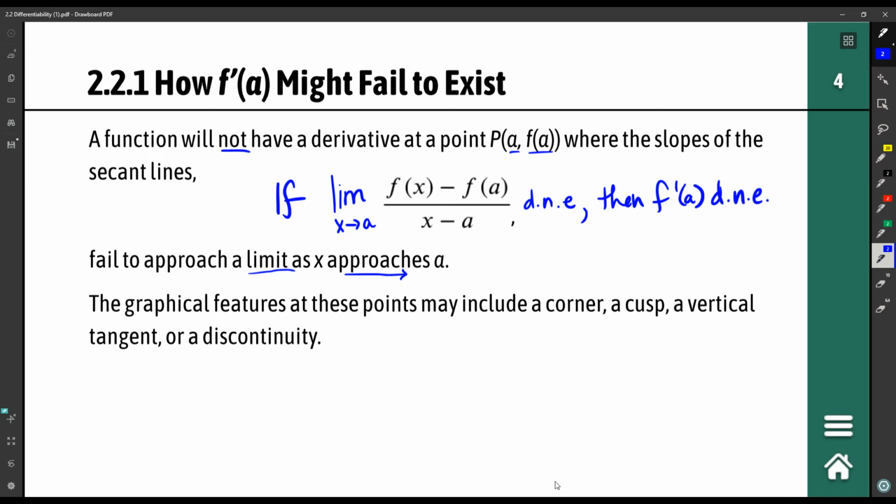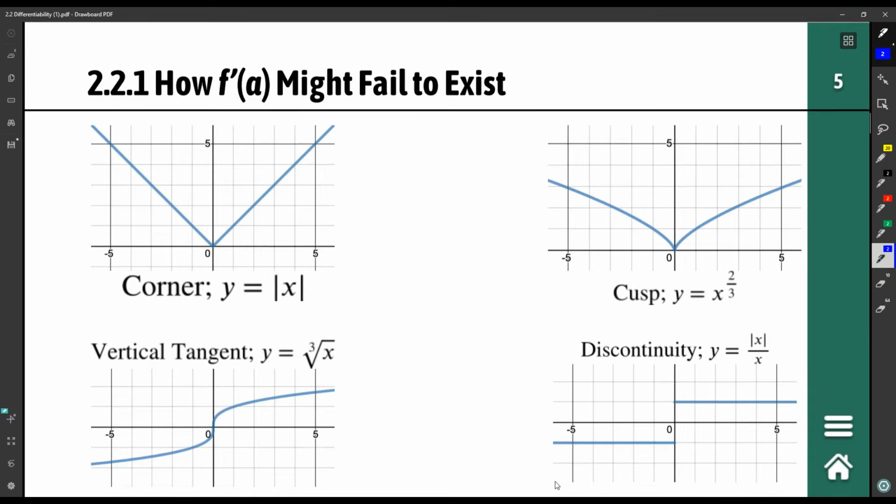Inside of the graph of a function, we might see features such as corners, cusps, vertical tangents, or discontinuities, and it's at those places where we're going to say the function does not have a derivative. Therefore, it is not differentiable.